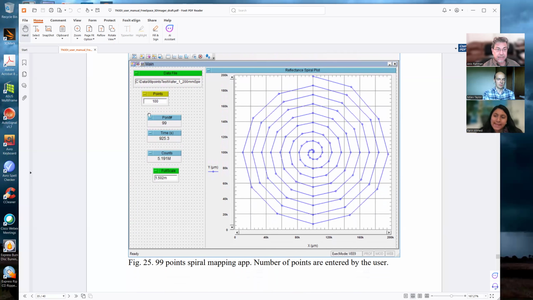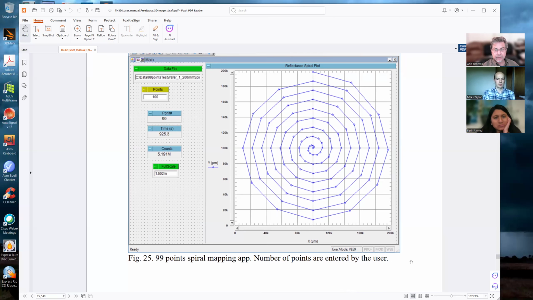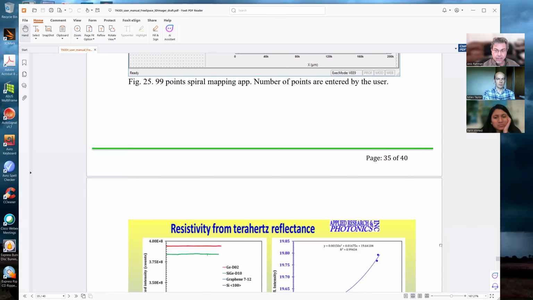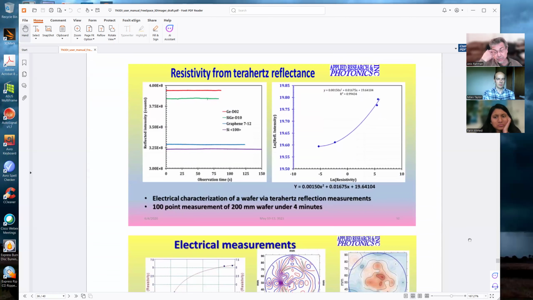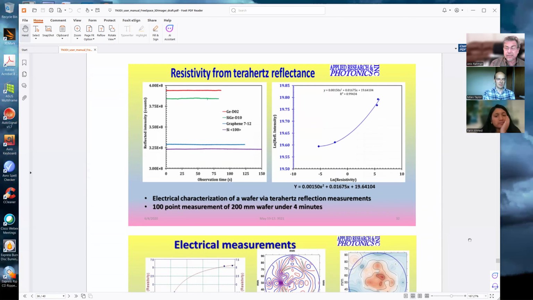And the user can define here that, okay, we're going to make a 99-point measurement. And then the program takes care of that. Once that is done, that goes in the data file. And then we bring in the model. How do we now convert the intensity numbers into the electrical resistivity?